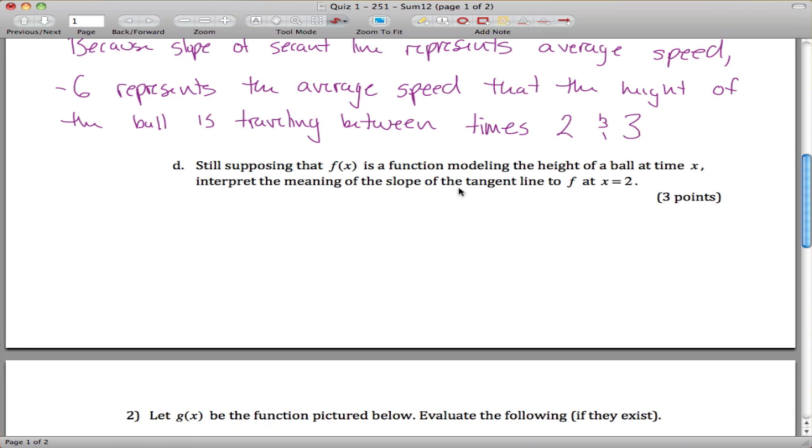Still supposing that f of x is a function modeling the height of the ball at x, interpret the meaning of the slope of the tangent line to f at x equals 2. Okay, maybe I should not be so wordy in these. Basically, the idea is the slope of the tangent line represents the instantaneous speed.